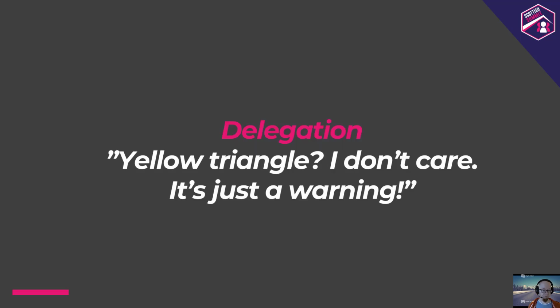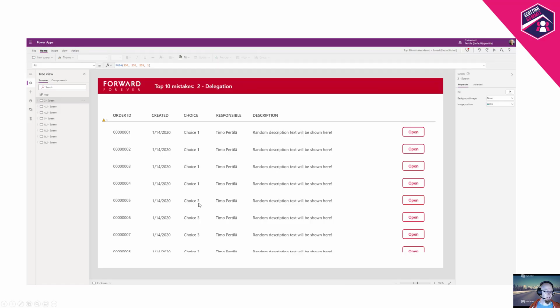And the first one, the biggest one, I think, is delegation. When you start to build your application, you see these yellow triangles at some point, and those yellow triangles tell you that you have a delegation issue in your app.